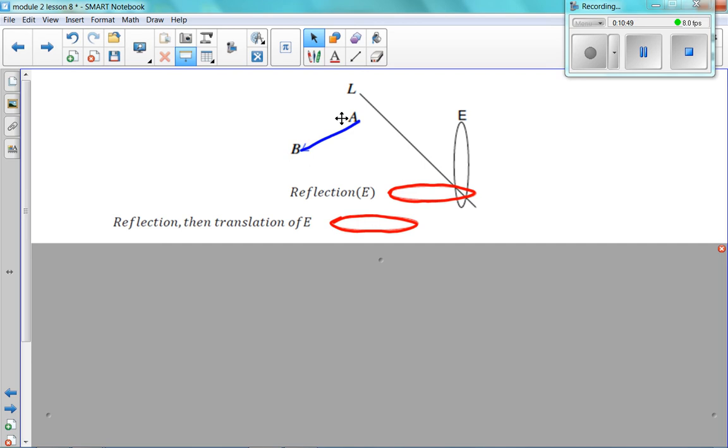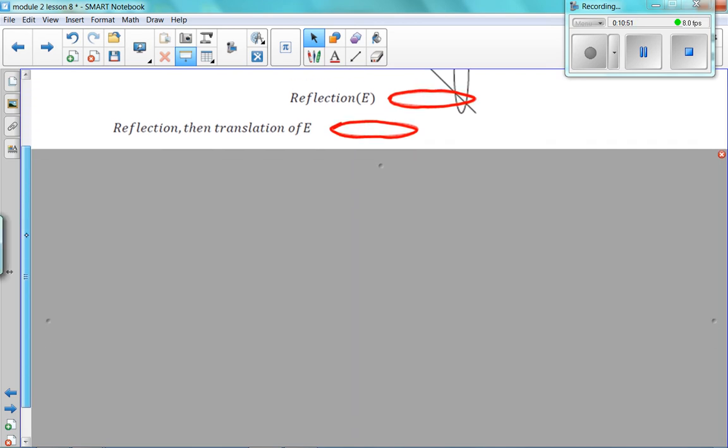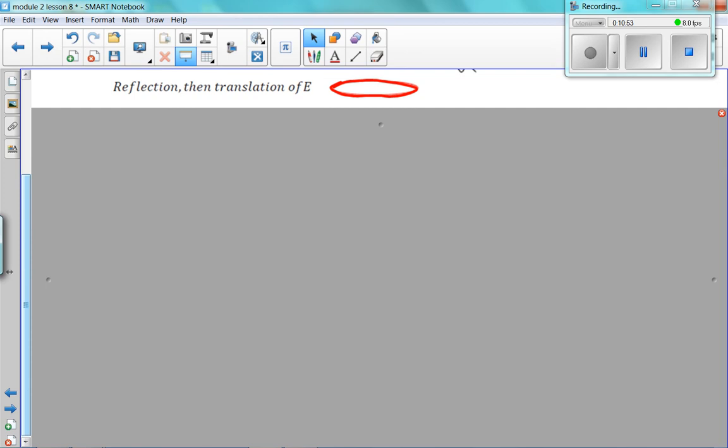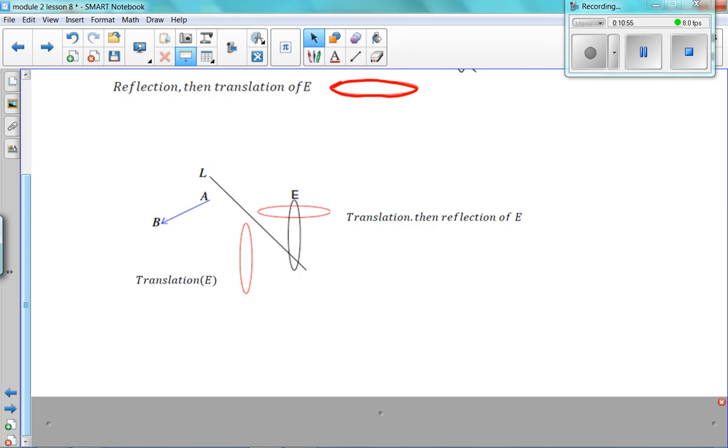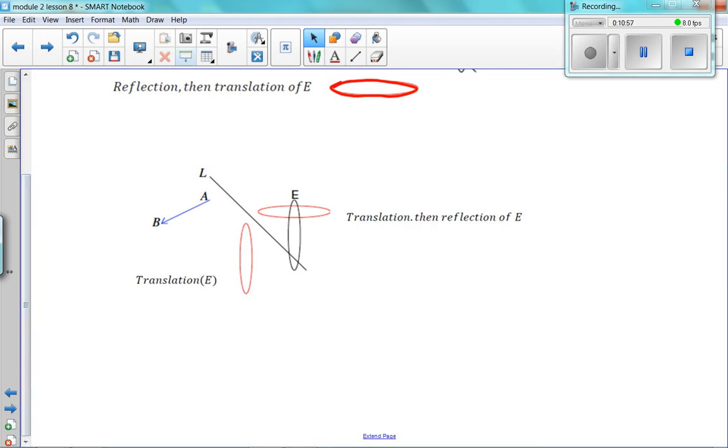Now let's see what happens if we do a different order. So we have the same picture. So we have line L, and we're going to do a translation of the ellipse first. So here we have figure E, and we're following it along this translation.